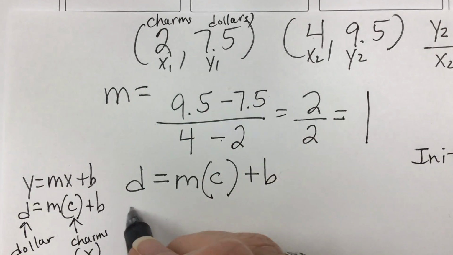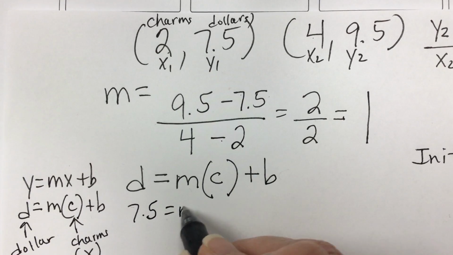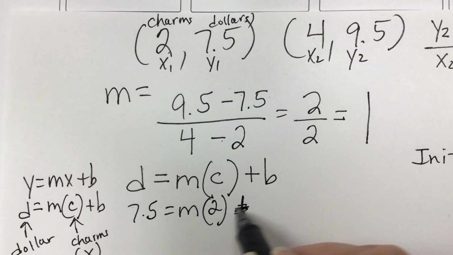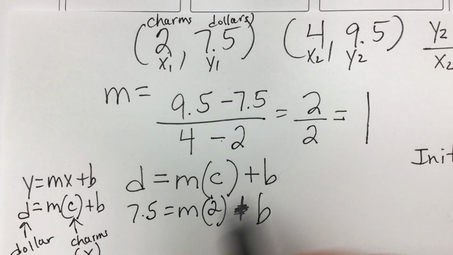So plugging in, D is 7.5 equals M times C, which is 2, plus B. Now we also know M is 1.